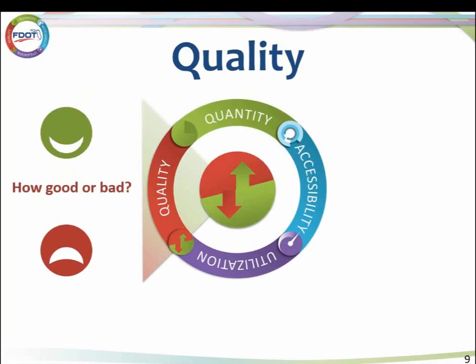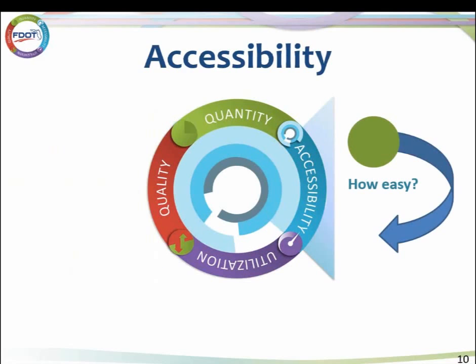On the quality side, how good or bad is the service being provided? These are the traditional measures we think of in terms of things like level of service, travel time delay, travel time reliability.